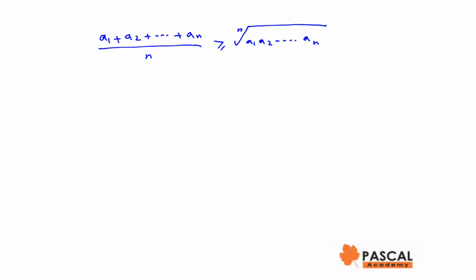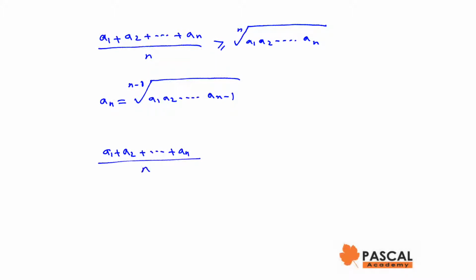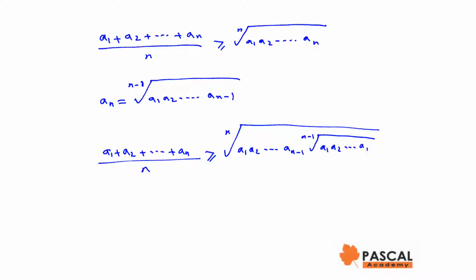Let's assume an is the n minus 1 root of a1, a2 to an minus 1. Therefore, a1 plus a2 plus ... plus an divided by n is greater than or equal to the nth root of a1, a2, ..., an minus 1 times the n minus 1th root of a1, a2, ..., an minus 1.